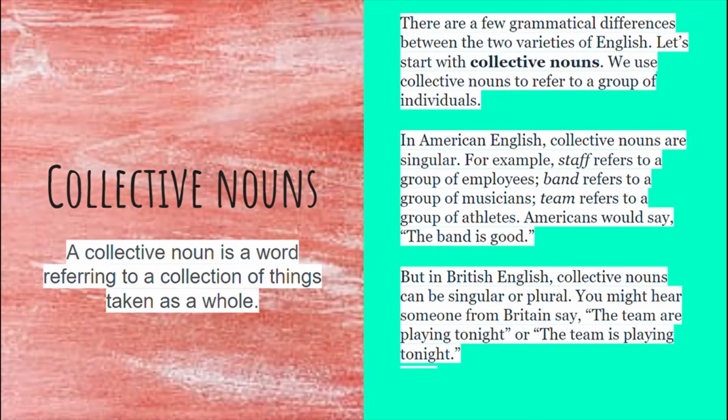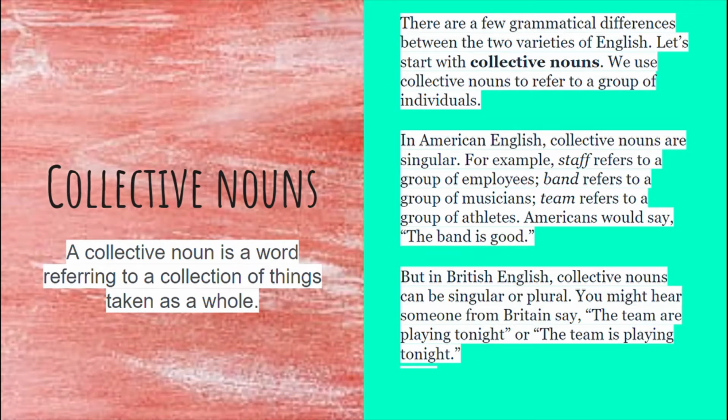So the band in American English is going to use a singular verb because, regardless of the fact that it's referring to a group of musicians, more than one, it's considered singular. So you have the band is good.